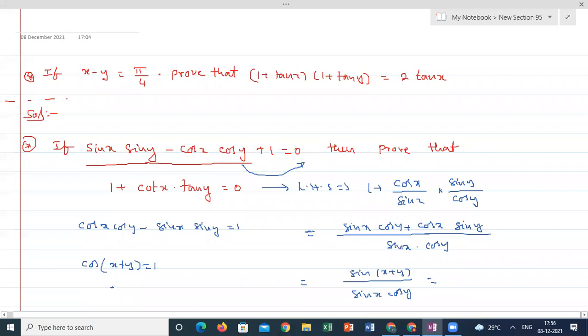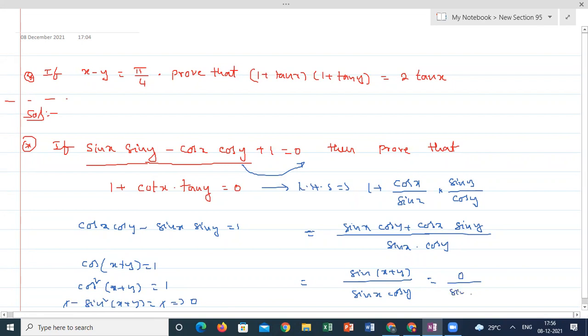See, cos of x plus y is equal to 1. Then what is the sin of x plus y? If I take square on both sides, cos square of x plus y is equal to 1, so 1 minus sin square of x plus y is equal to 1. 1 cancels, this will be 0. So 0 by sin x cos y is equal to 0.